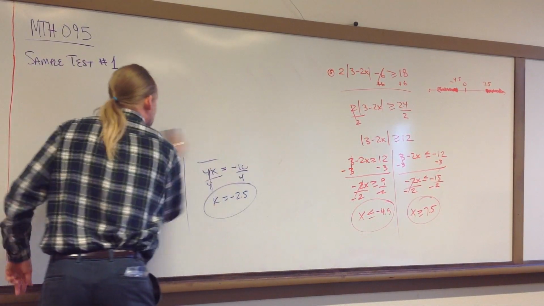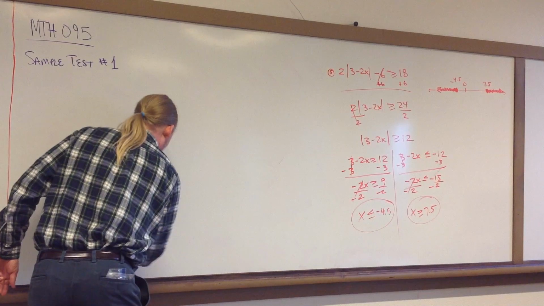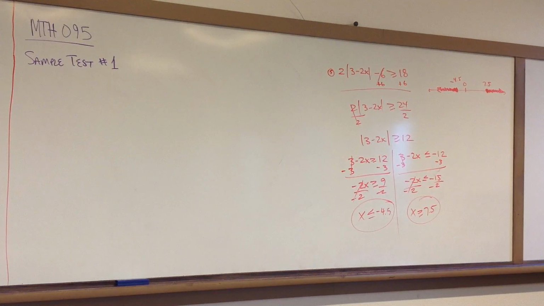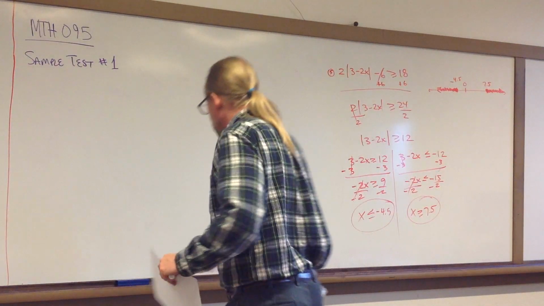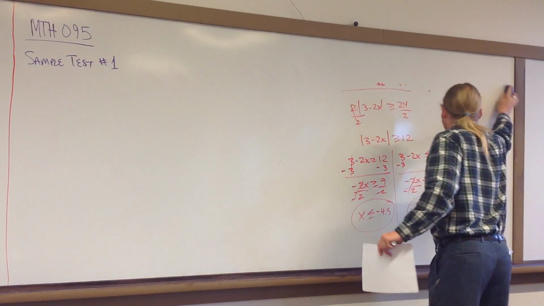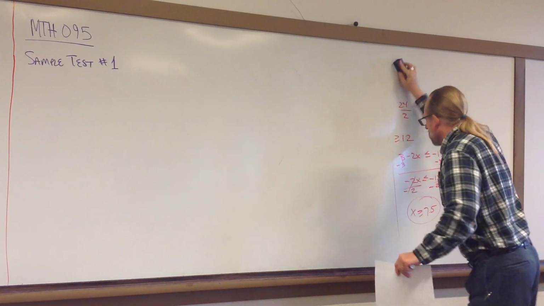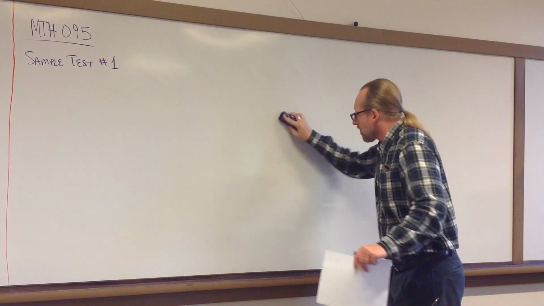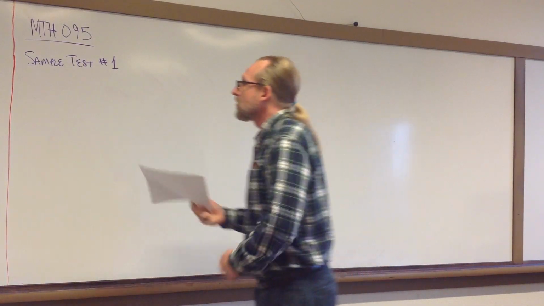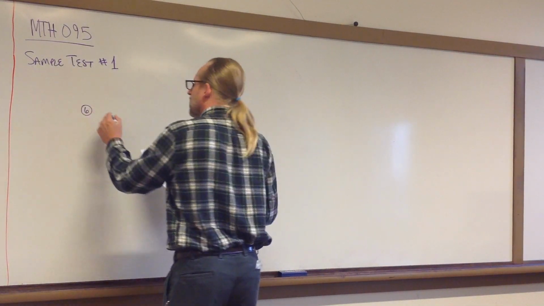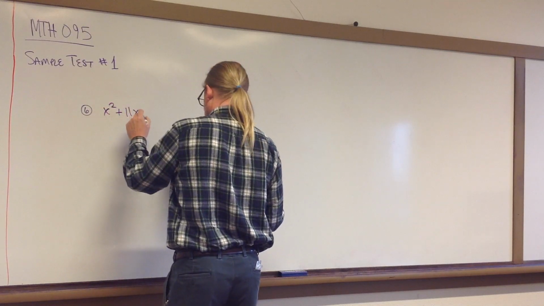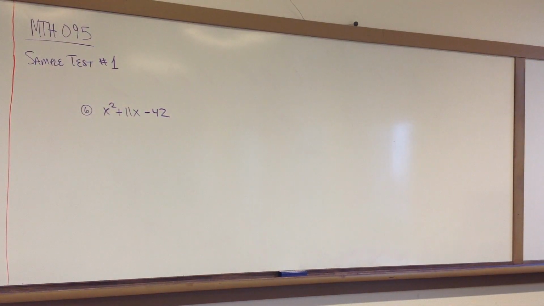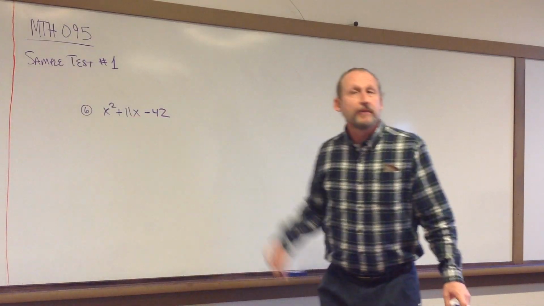Now we get into the factoring problems. And this first one, problem 6, is just a straightforward trinomial factoring problem. So, x squared plus 11x minus 42. So we need factors of 42 that have a difference of 11.